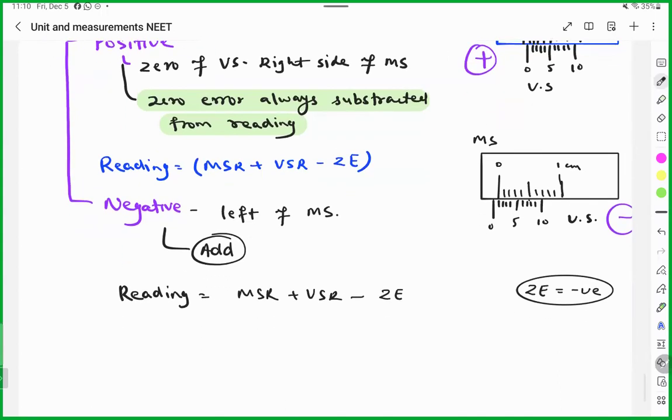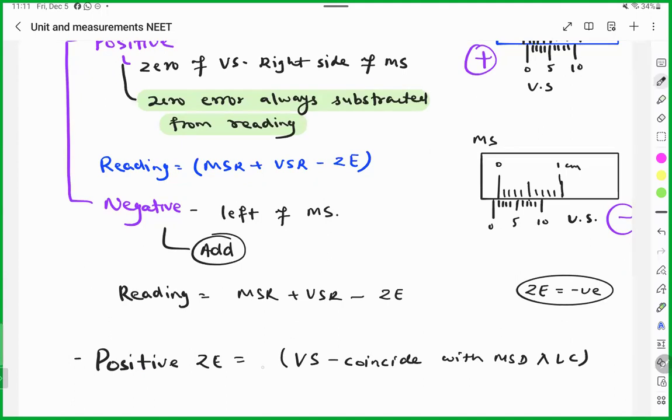How to calculate the zero error, positive or negative? If you want to calculate positive zero error, ZE, then which Vernier scale division coincides with the main scale division, multiply by the least count, same as the previous one.